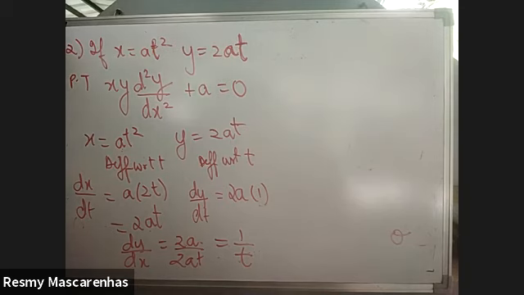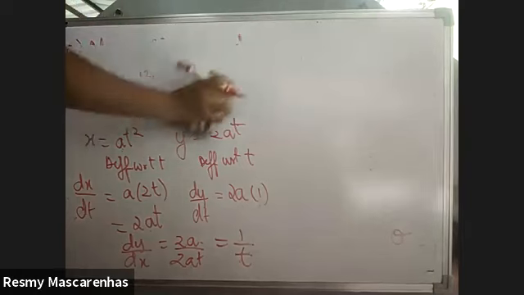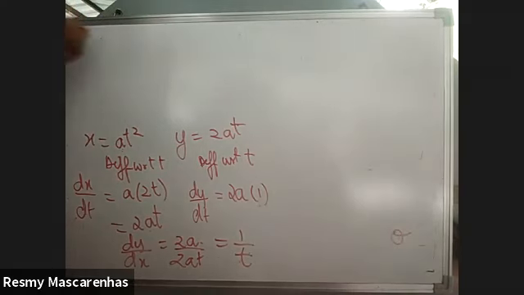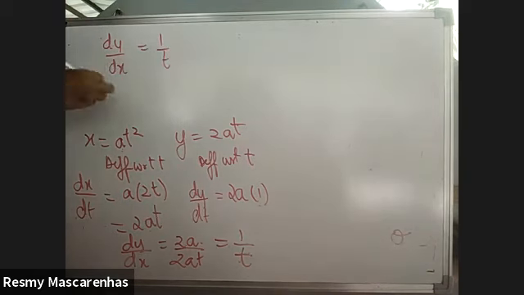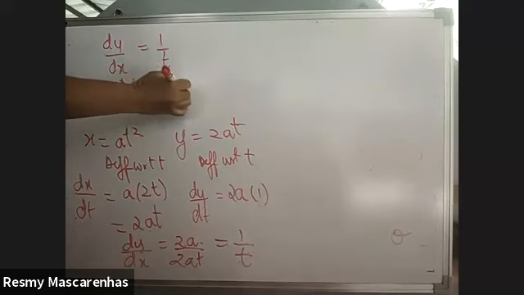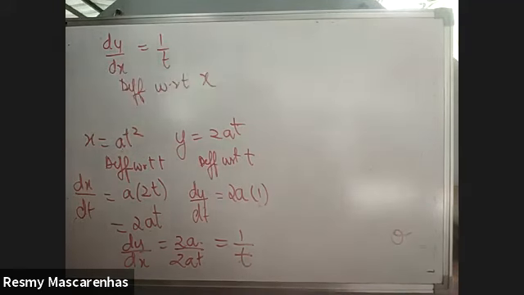Okay. Now if you see in the question, we need d square y upon dx square. So we'll have to differentiate it one more time. So dy upon dx is anyways 1 upon t. Now we want d square y. I told you, the second time when you are differentiating, it will always be with respect to x.